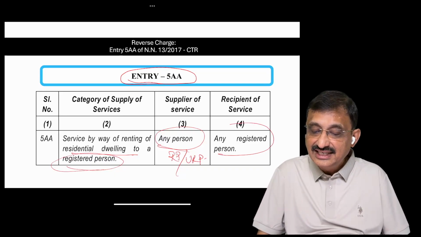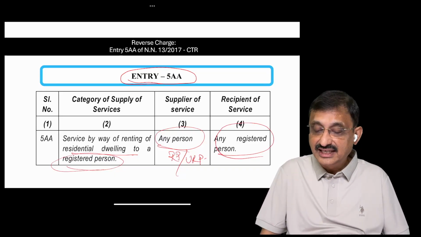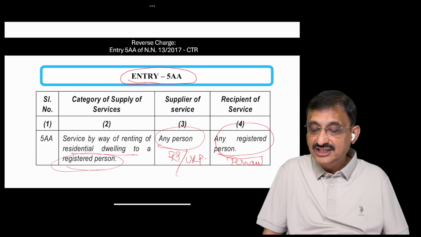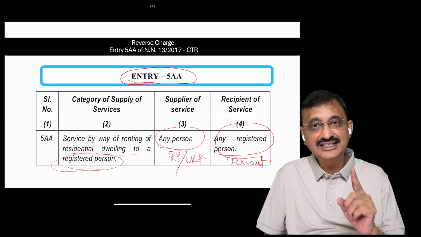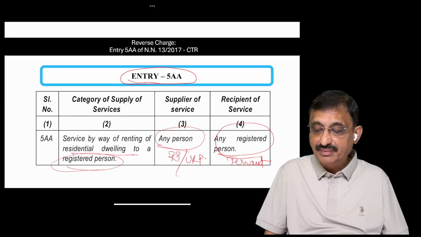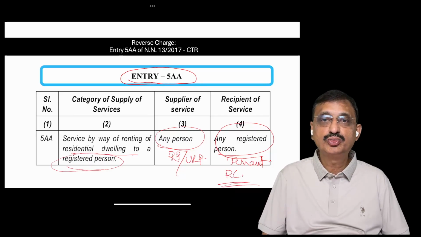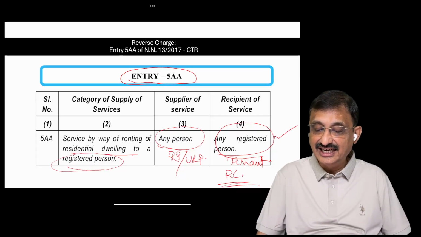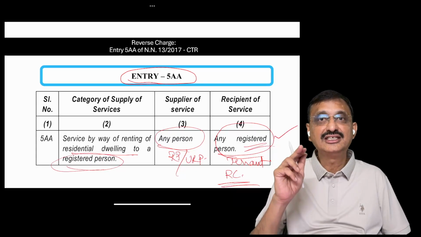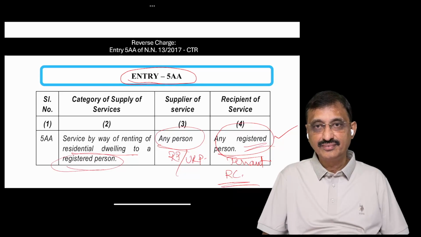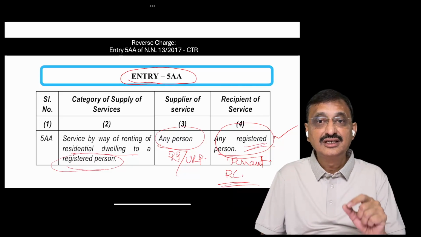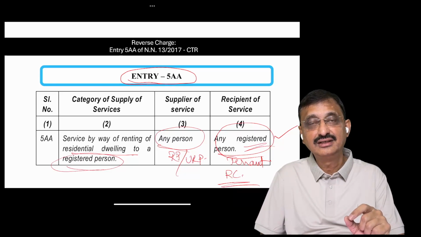Tenant is a registered person. In such a case, the GST is to be paid on reverse charge. Who has to pay the reverse charge? The tenant, that is the registered person in this case. This is with regard to the residential dwelling.